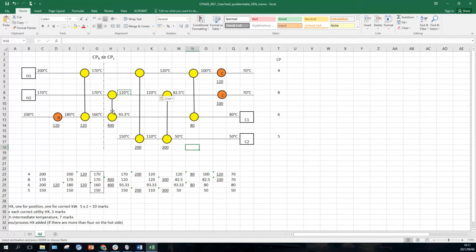You place this heat exchanger against the pinch, sure. There was nothing wrong with placing this one first. Then you start looking at other heat exchangers that are now not against the pinch. So this wouldn't be the right procedure to put this heat exchanger in first.